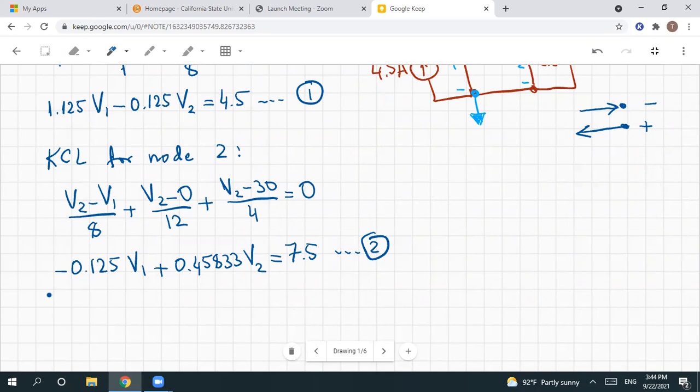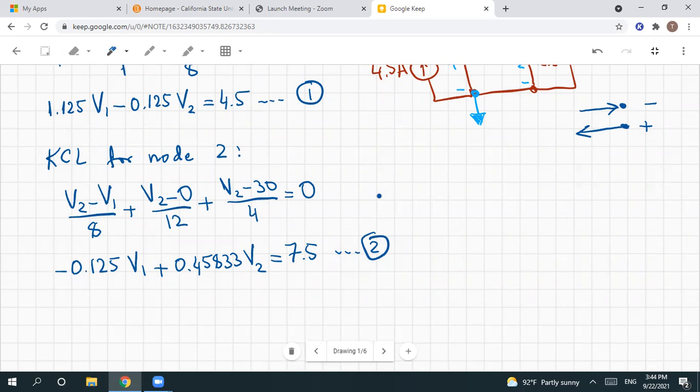Thank you. Okay, and now I have two equations, equation 1 and equation 2. I need to solve them. You can solve them by substitution, by elimination, by matrix algebra, or you can use your scientific calculator.